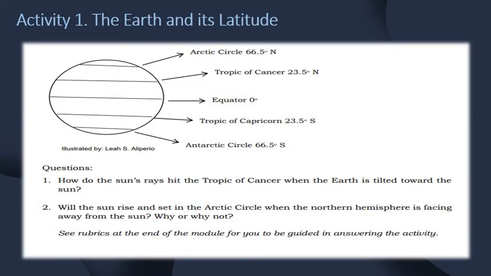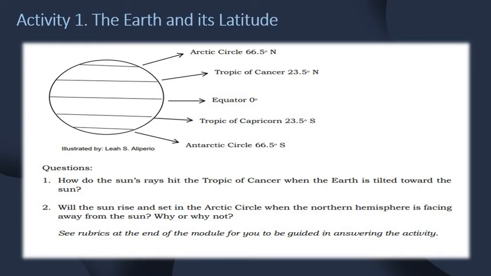And the next one, below it, is the equator. It is the 0 degree latitude. The next one is located at 23.5 degrees south, and this is the Tropic of Capricorn. And lastly, it's located 66.5 degrees south, and it is called the Antarctic Circle.